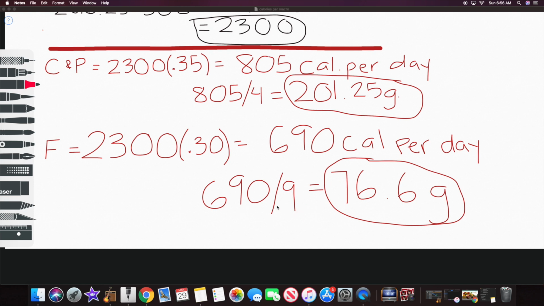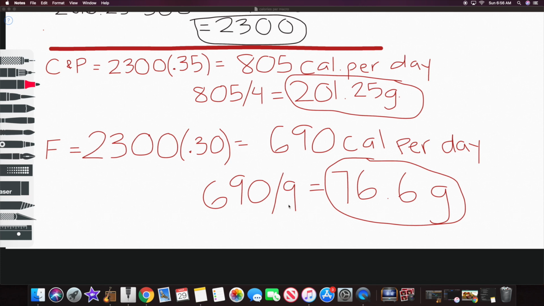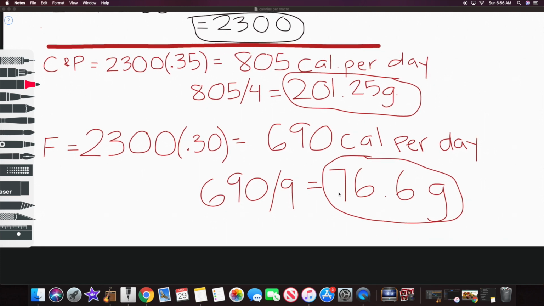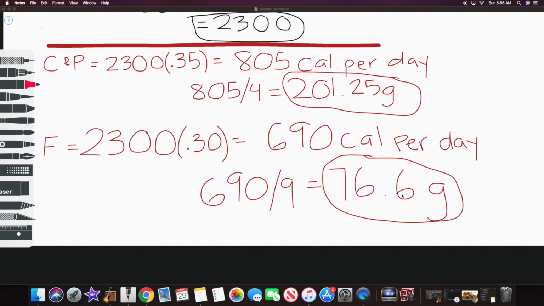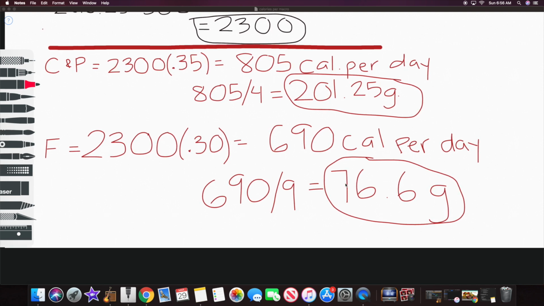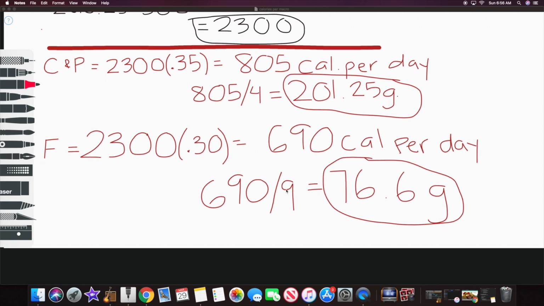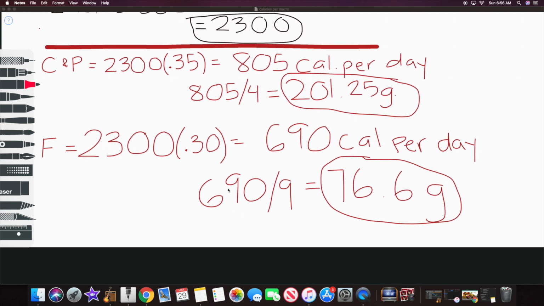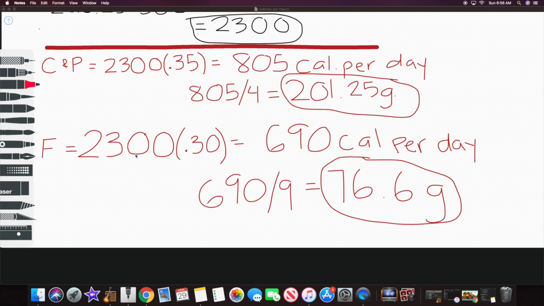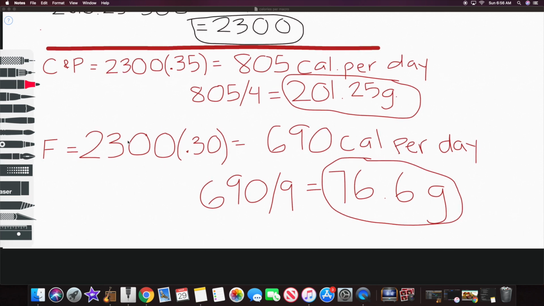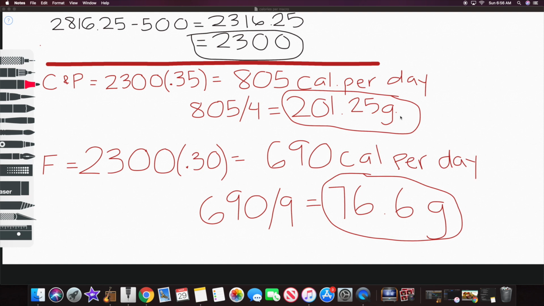So 690 divided by 9, I am allowed to have 76.6 grams of fat per day. If you add up 805 plus 805 plus 690, that will give you the 2,300 calorie cap. So these are the amounts of grams I'm allowed to have of carbohydrates and proteins, and this 76.6 is the amount of grams of fat I am allowed to have in a day.